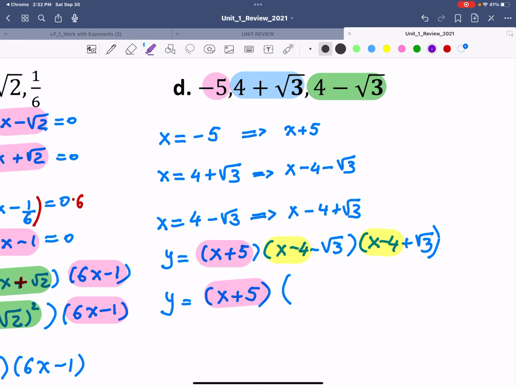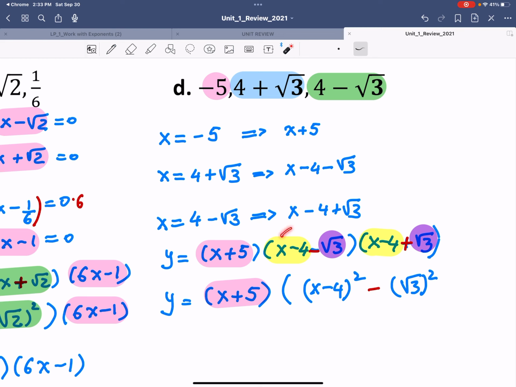And x minus 4 plus root 3. So this is the minus, this is the plus. So when you expand, then we have x minus 4 squared and then minus square root 3 squared.